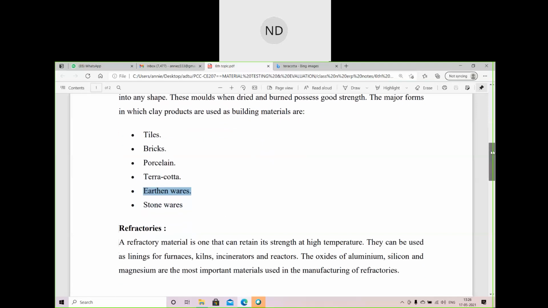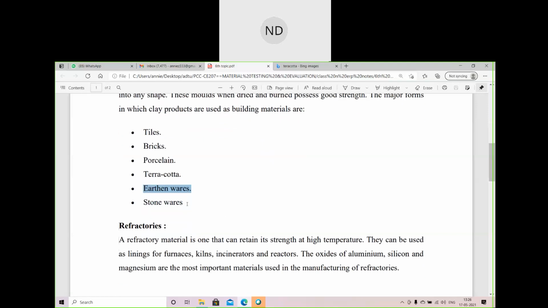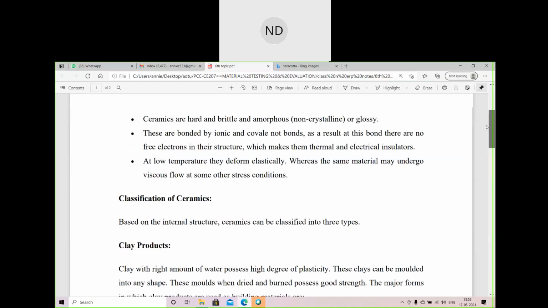So these are different. Then stonewares are also there. Same thing, with the help of stoneware, clays can be formed into stone kind of things that you can use as terracotta. These were your different forms. Next is your refractories.